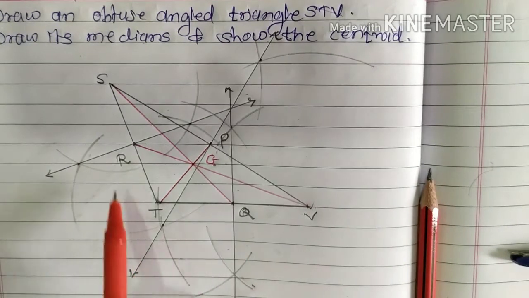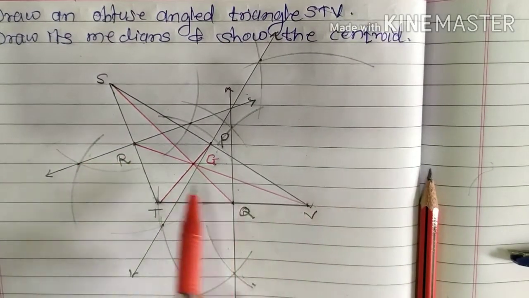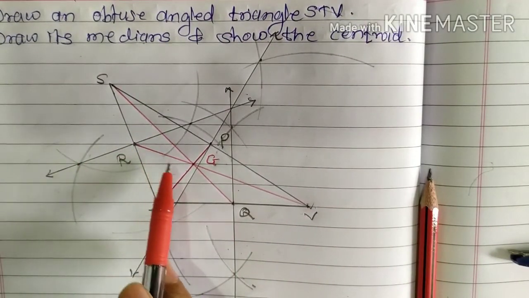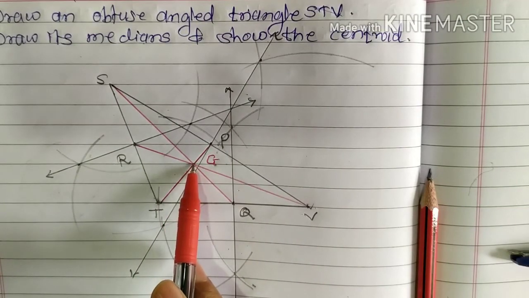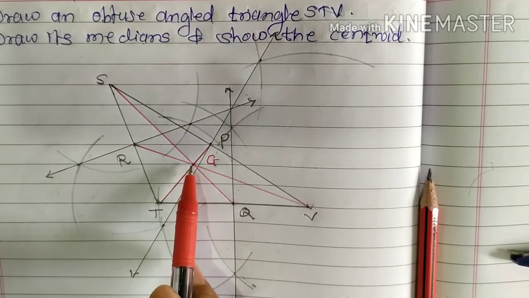Hence this is the obtuse angle triangle. These are the 3 medians of this triangle, and this is the centroid, denoted by G.